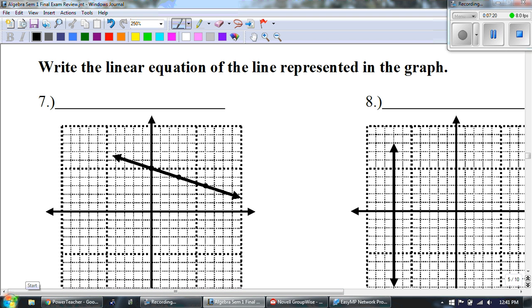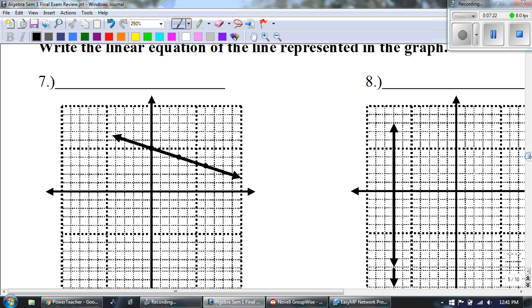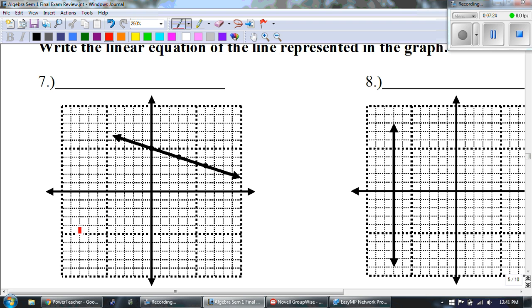Write the linear equation of the line represented. The first thing I notice is that it's diagonal, so it's going to have an x and a y, and that it is falling. So the two things I need are my y-intercept, which is (0, 5), and then my slope.